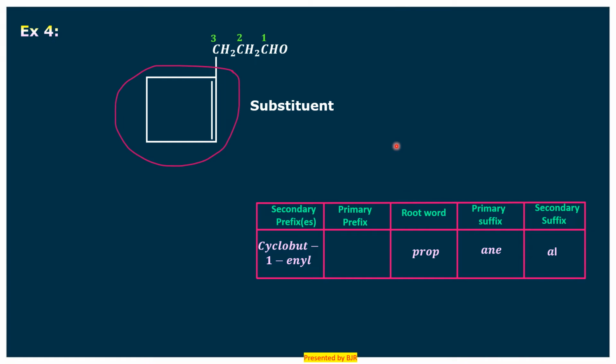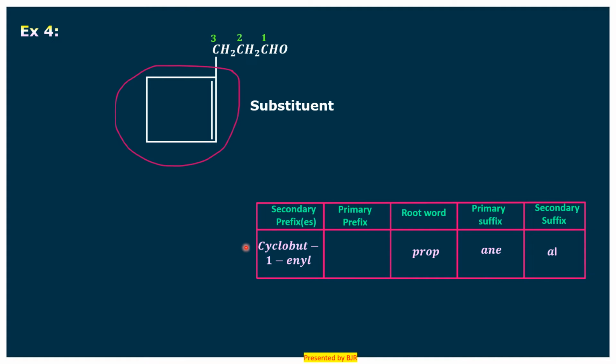Similarly, when one hydrogen atom is removed from alkenes, we get alkenyls. So here one hydrogen atom is removed, for that reason it is cyclobut-1-enyl. This group has been attached to the third carbon atom in the parent chain.